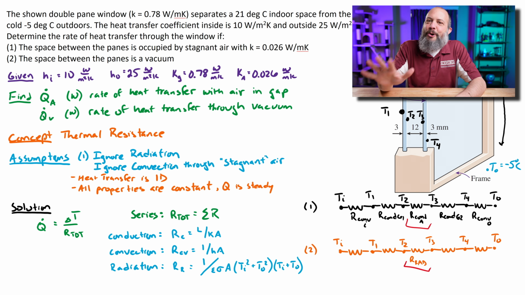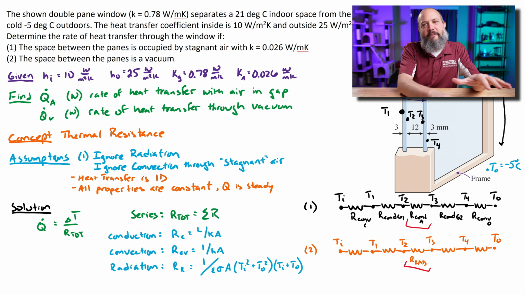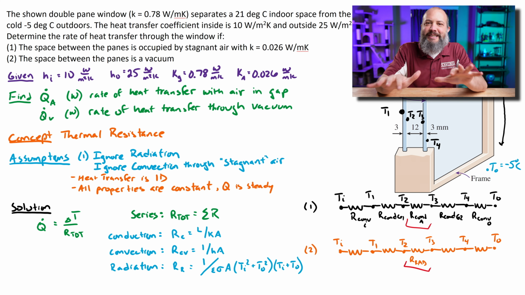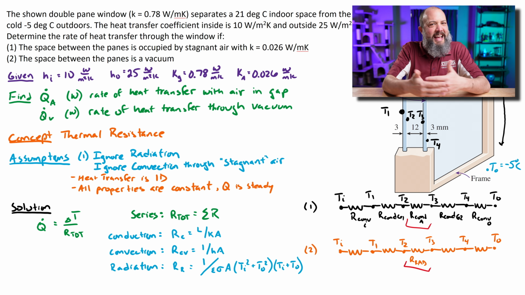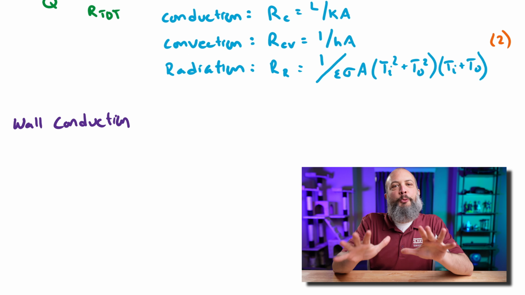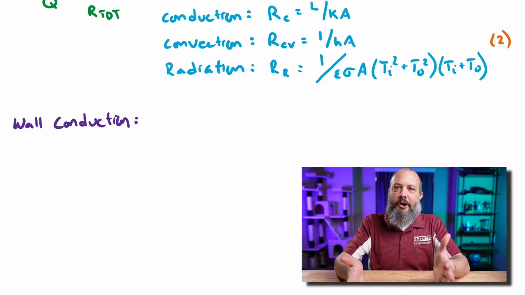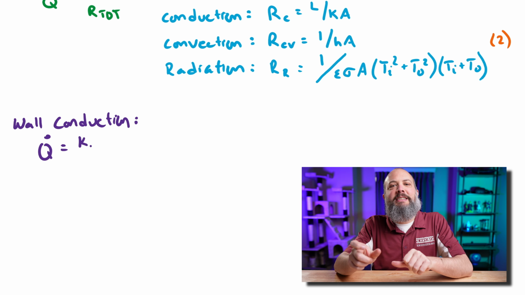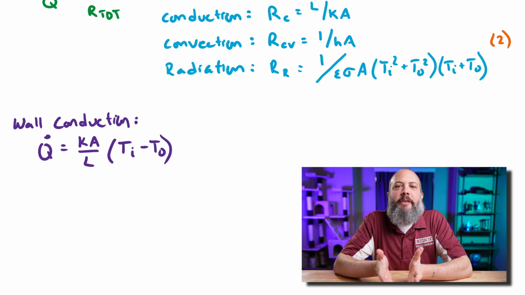So it's actually worth taking a super quick diversion here for a minute to show you where these resistances actually come from, because you could conceivably be given problems where you have to invent your own thermal resistance, where you can't just look up R in your textbook and you have to actually kind of create it yourself. So the normal equation for one-dimensional conduction through a wall is Q = KA delta T divided by the length of the wall.